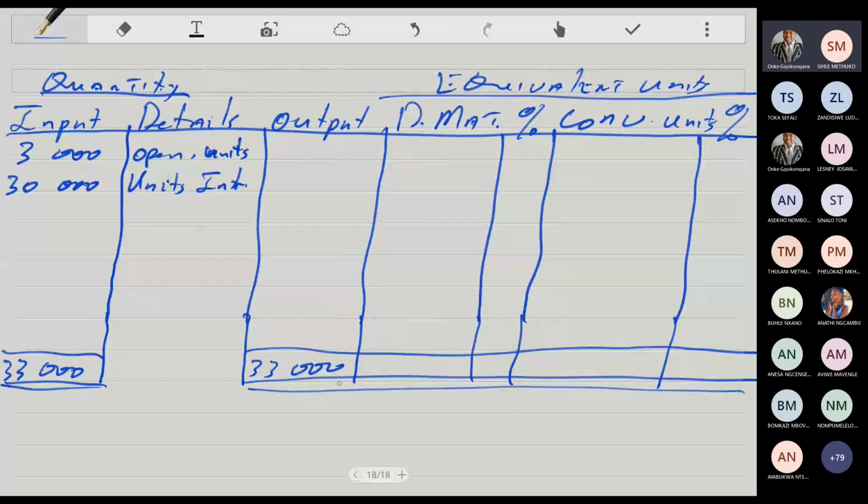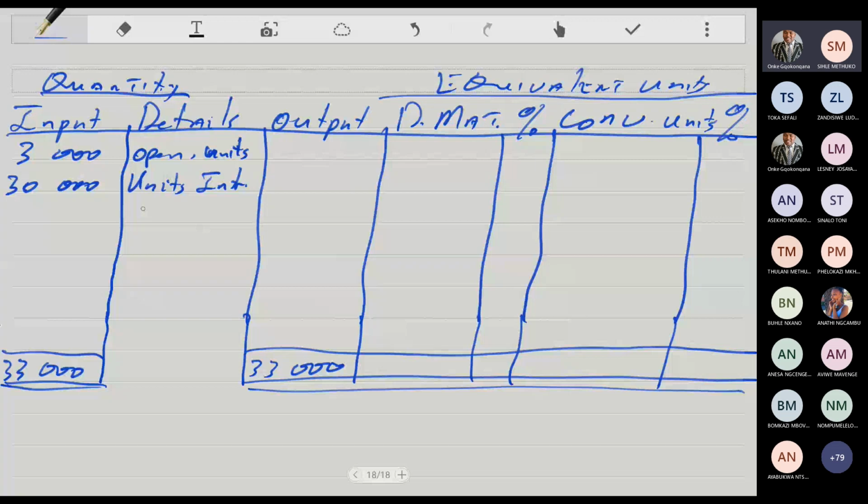Just to safeguard yourselves and put yourself on a safe side, put in that total again also in your output, to know that by whatever activity you are going to do, you are going to work out towards that total. So the first thing that we look at is the completed units and transferred.